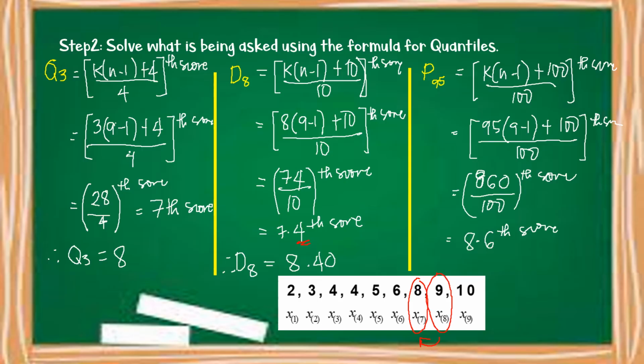You need to get the 8th position and the 9th position. So you subtract 10 to 9. So that is 1 times the decimal number nung ating score. So it's 1.6. Therefore, the P sub 95 is, so 8th position is 9, right? Plus 1.6 is 9.6. So this is the answer.